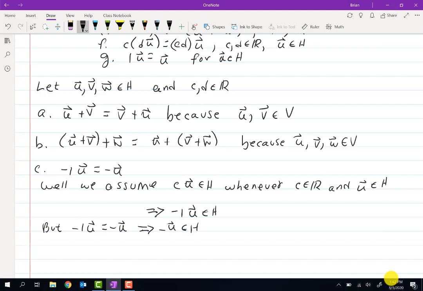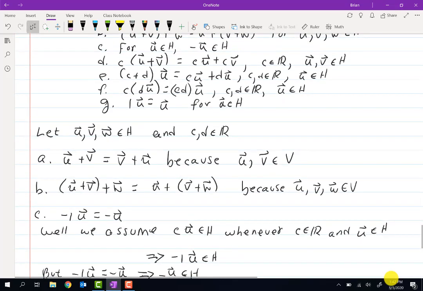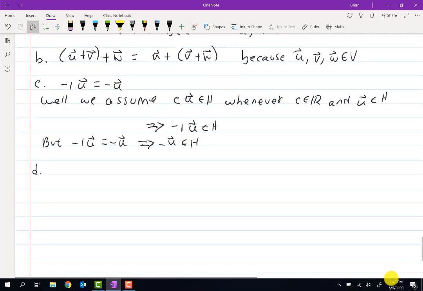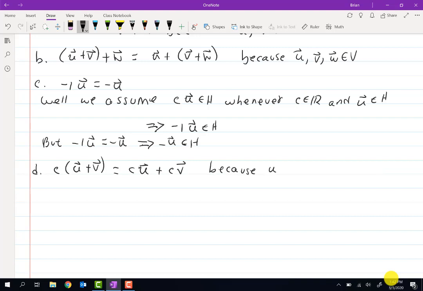So right there is the first time that we had to actually use anything dealing with H to prove one of these things. Let me move on to D. What was D that we have to prove? A distributive property. Here we know this to be true because all of these things, these vectors, are in V, and V has that property.